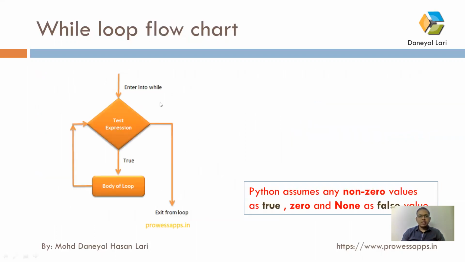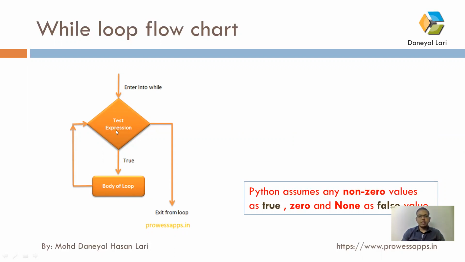By the flowchart, we can understand how the while loop executes in programming. So when your program enters into the while loop, first of all, it will check your test expression. If that test expression is found true, then the body of the loop will execute. And after execution of all the statements, it will go and again check the test expression.